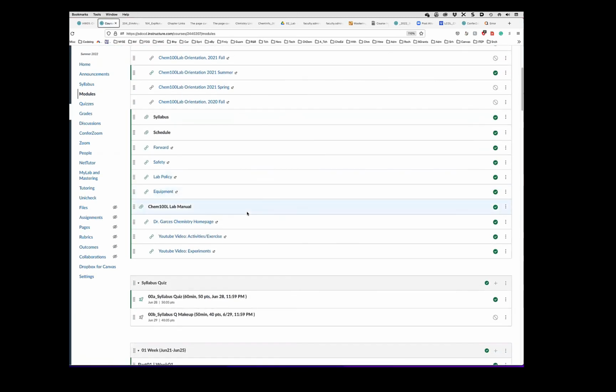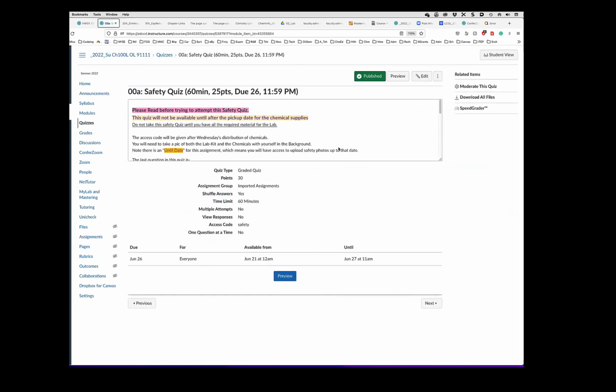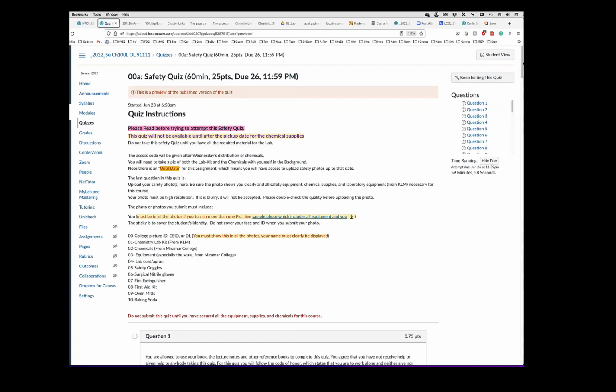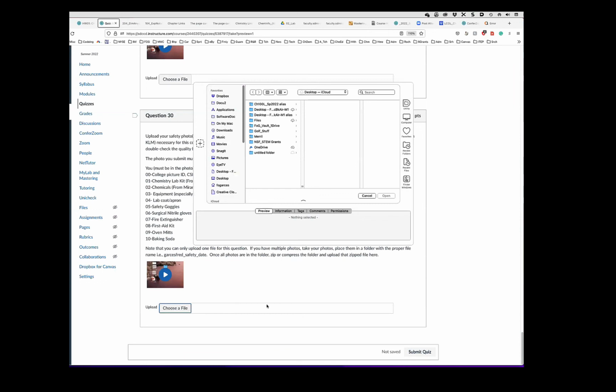I'll go to the safety quiz for my lab course. Here's a safety quiz, but within that, you will see a question at the end where you have to upload right here. So you choose a file, find it on your computer, and then you upload it. And it can only be one file.